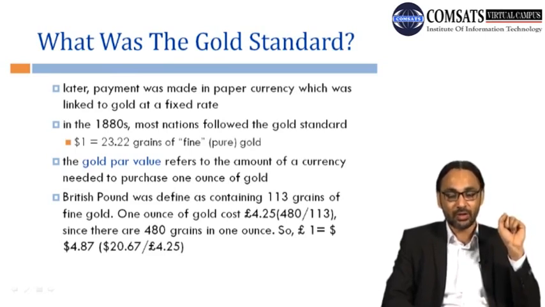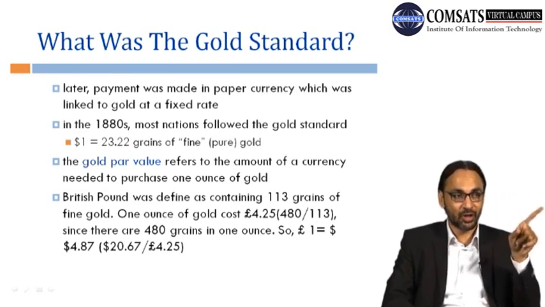So 1 pound is equal to $4.87. How is it like this? Because to buy 1 ounce of gold, how much money is required in dollars and in pounds? That's the simple thing.